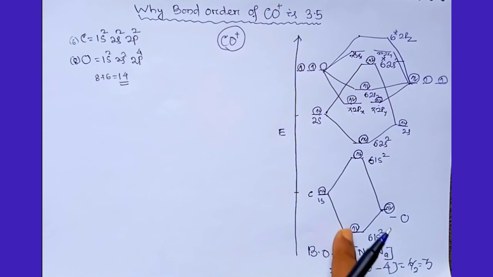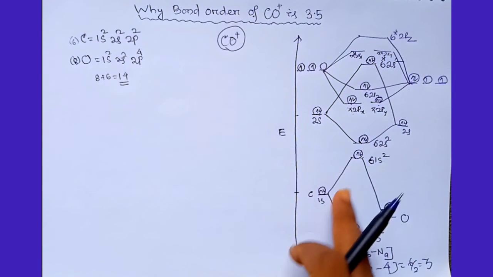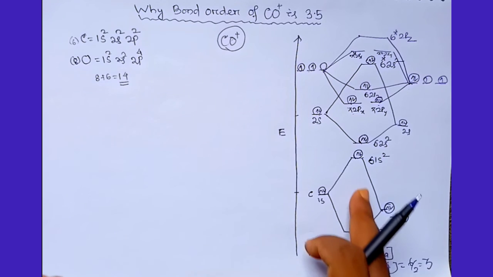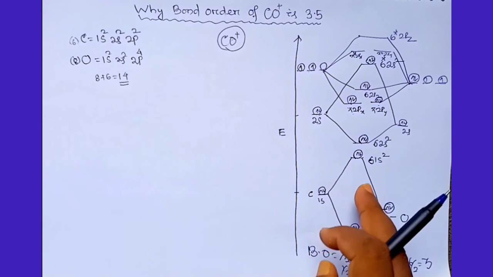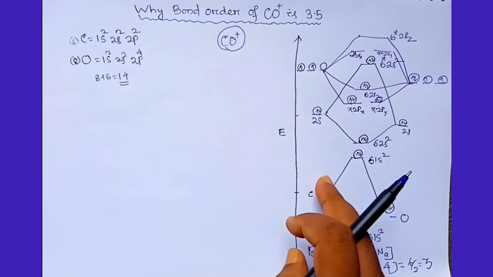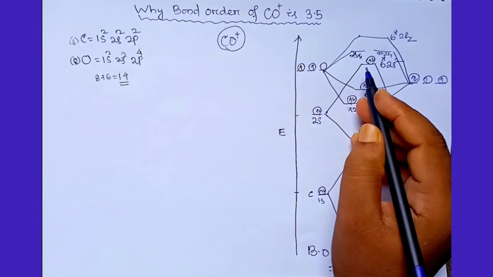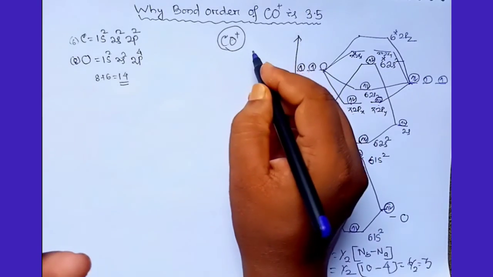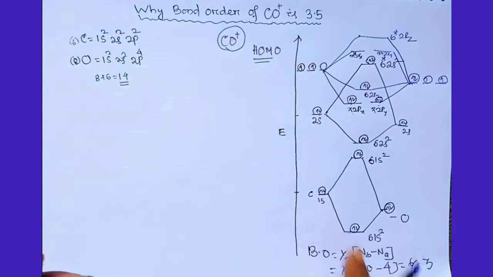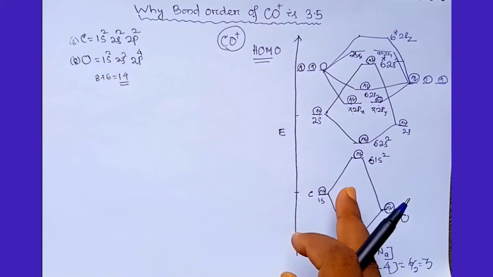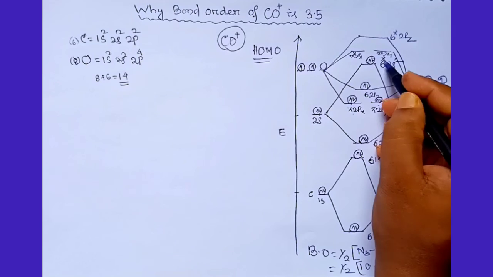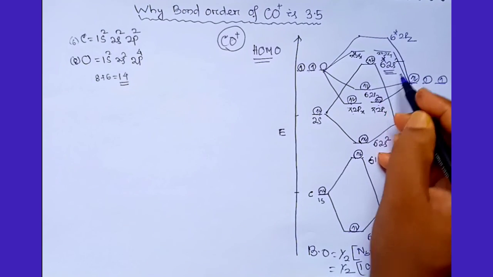So these are the molecular orbitals surrounding the nuclei of the molecule. When one electron is extracted, it will be taken out from the outermost orbital. This is called HOMO, the highest occupied molecular orbital. In this molecule, which is the highest occupied molecular orbital? Here it is sigma star 2s2.